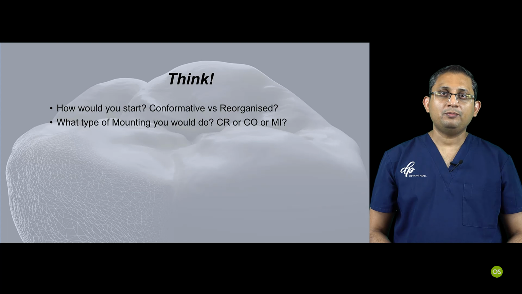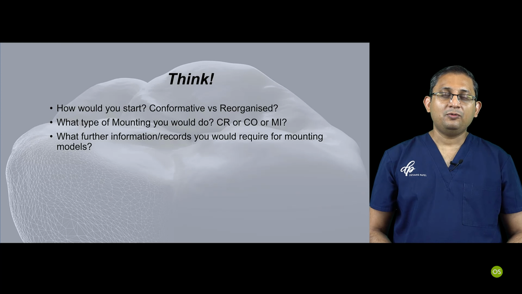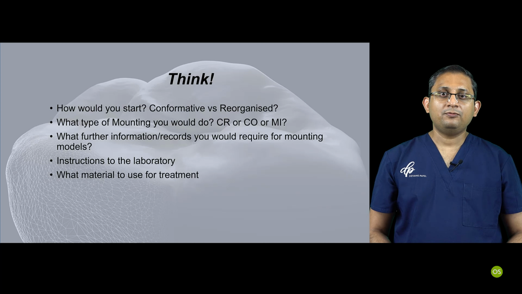Would you mount in CR, CO, or MI? What further records are you going to need for mounting, depending on the type of mounting you have chosen? What kind of instructions are you going to give the laboratory? And what material are you going to use to treat this patient?